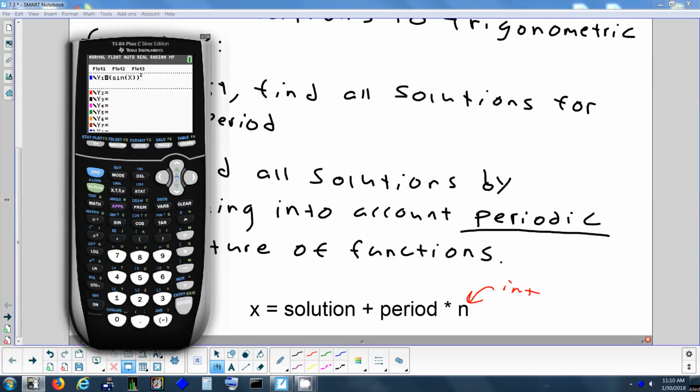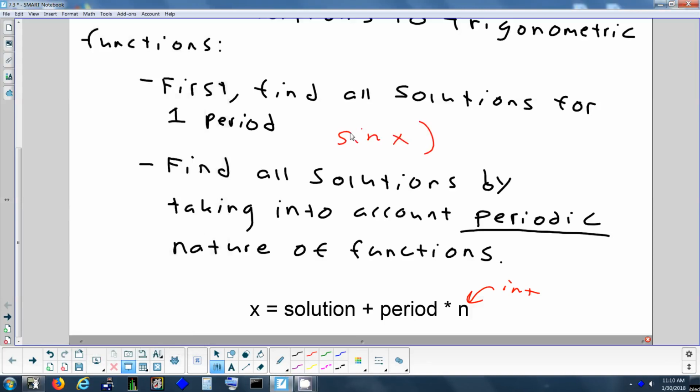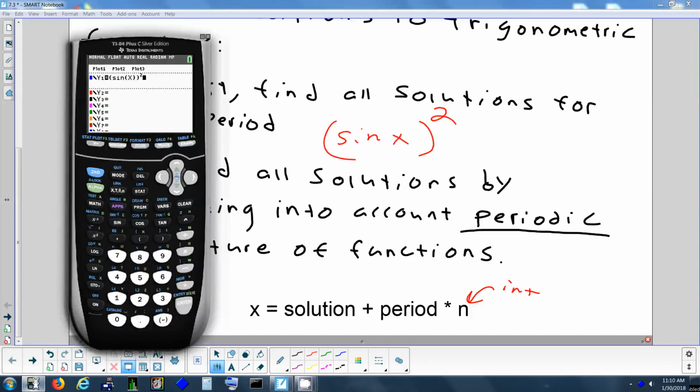Now what I'm really looking at is a trig function to a higher power. If we look at what that looks like, it's a wave pattern, but in this case it doesn't dip below the x-axis. A little different than how sine looks.